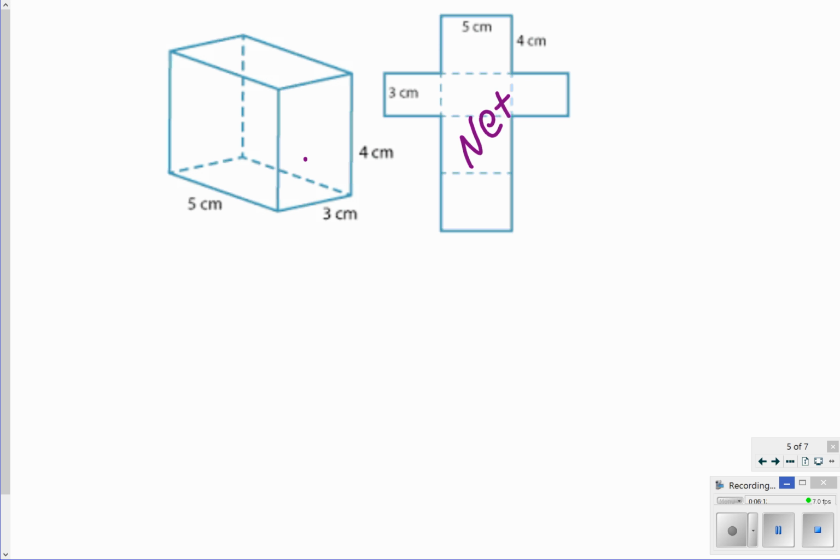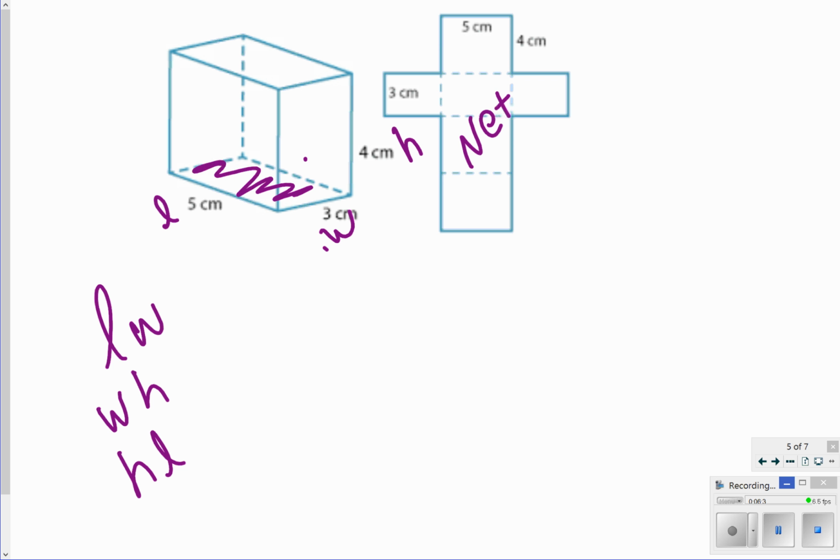So we're going to do our length times our width, our width times our height, and our height times our length. Here we have our length, our width, and our height. Length times width is going to give us this bottom shape down there. The length is 5 and our width is 3, so that's going to give us 15.